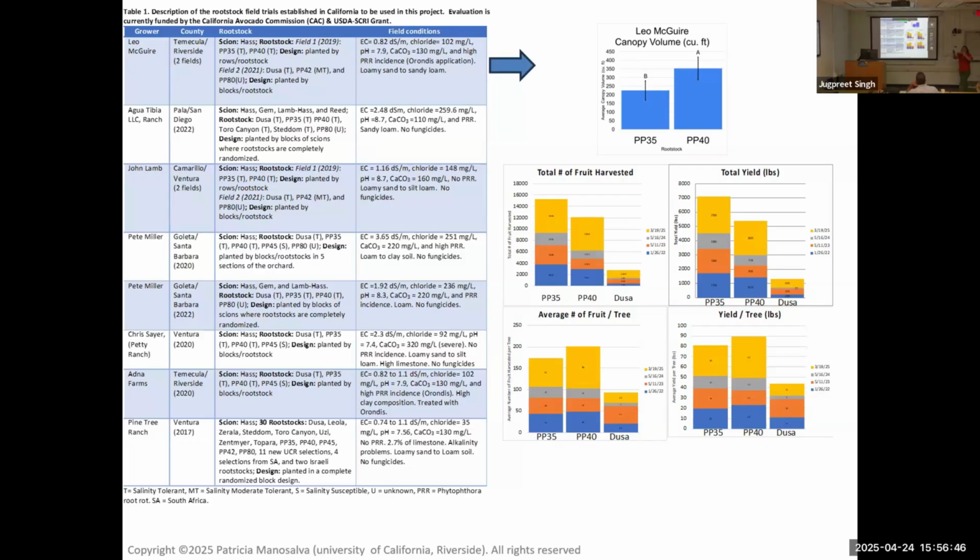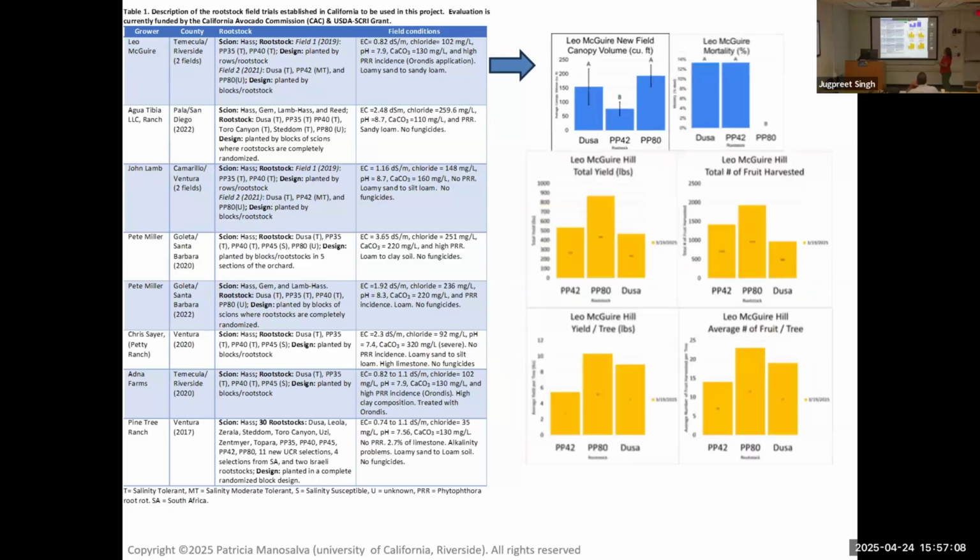You have to see the tree in the whole context. That's what we want: a tree that is highly productive, but doesn't make the tree too big. And this is the problem when you have only a West Indian rootstock, because West Indians tend to make the scions big. And California growers, at least, don't like big trees because it's too expensive. So this is what we're looking for.